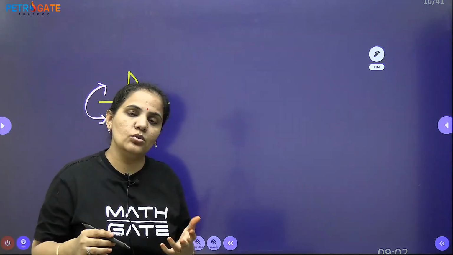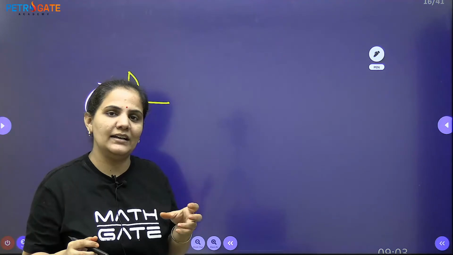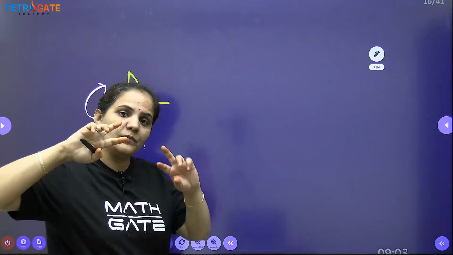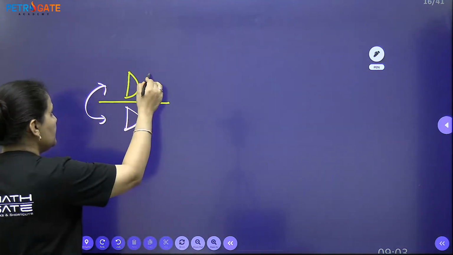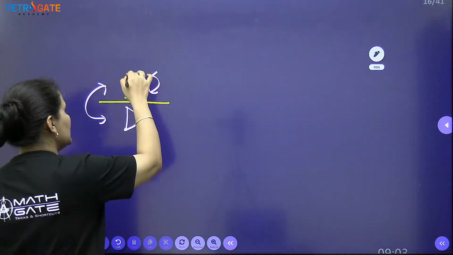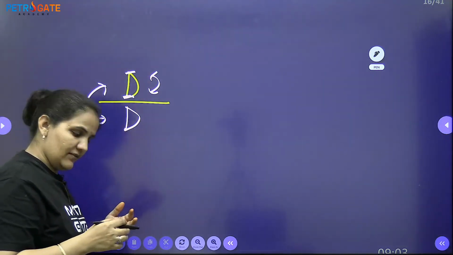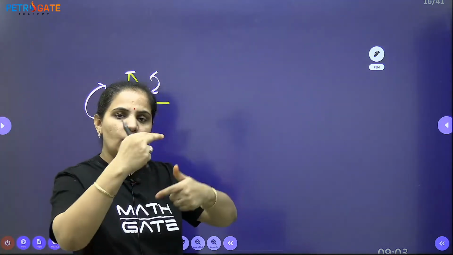What we used to do while getting a water image of any letter or any number, we used to revolve. We used to just rotate that particular letter or number. So when we rotate this D, we can see the lower and upper portion are the same only. When we do the rotation, the upper portion will become lower and the lower will become upper.